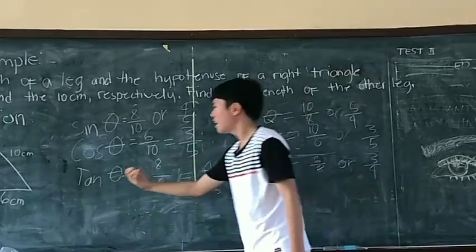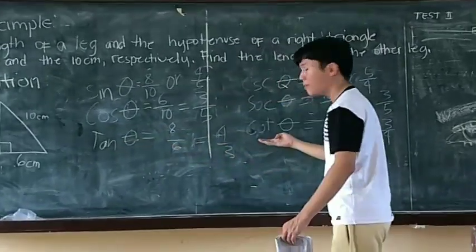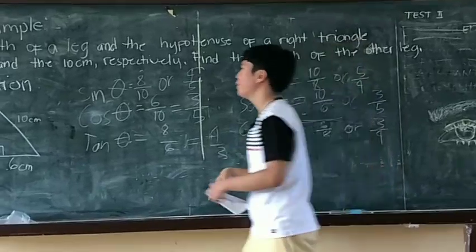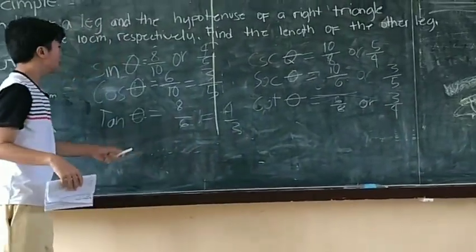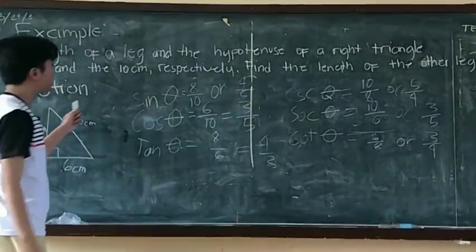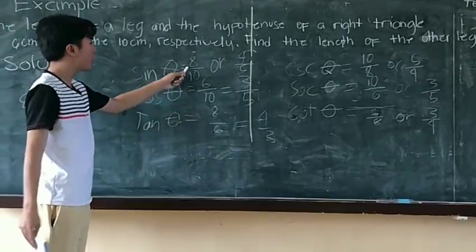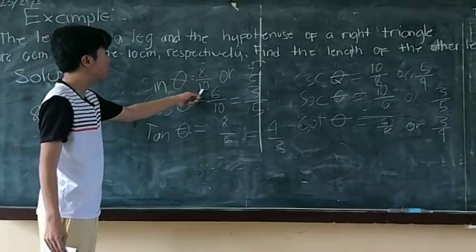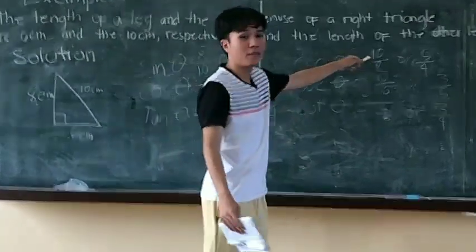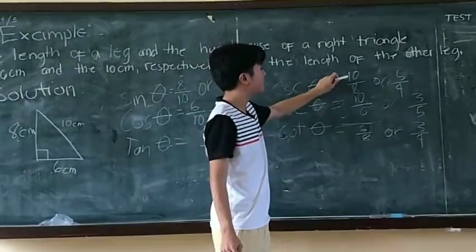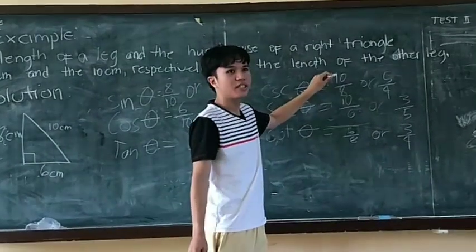Second, tangent has a reciprocal. Since 8 centimeters is the opposite, we're going to place 8, and the hypotenuse is 10 centimeters. Also, the reciprocal, just flip it over, is 10 over 8.